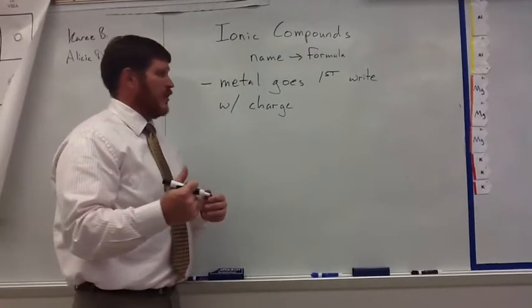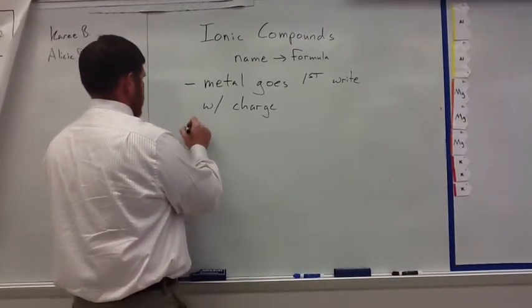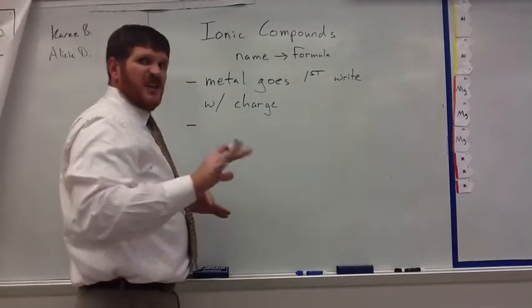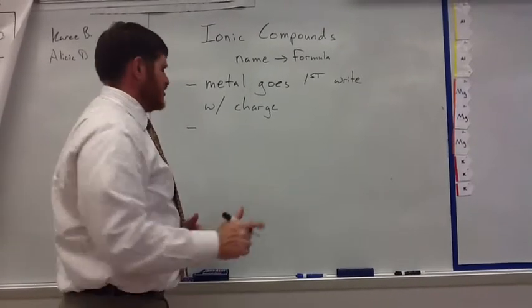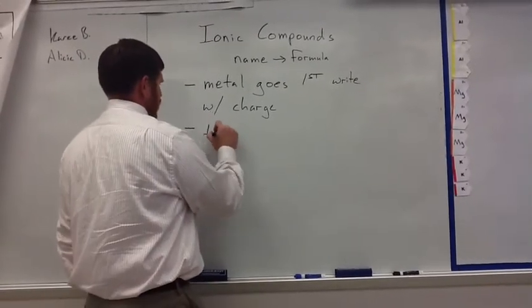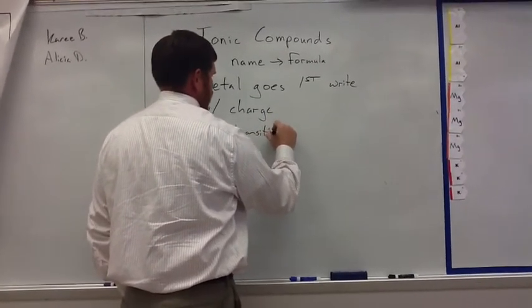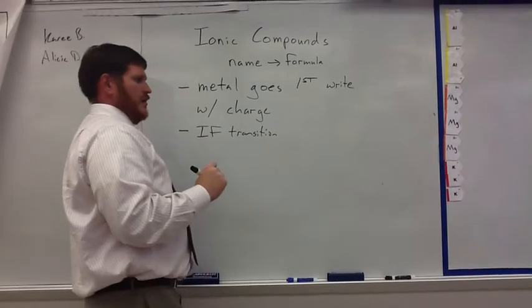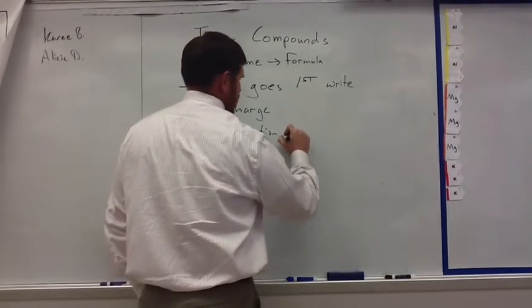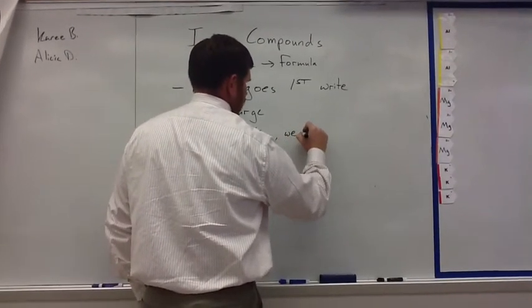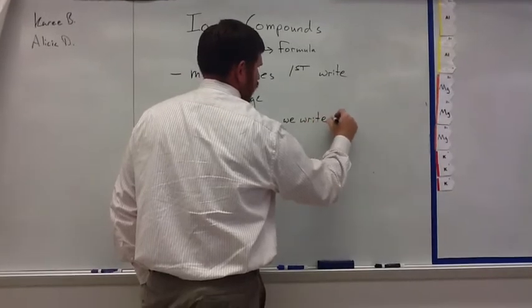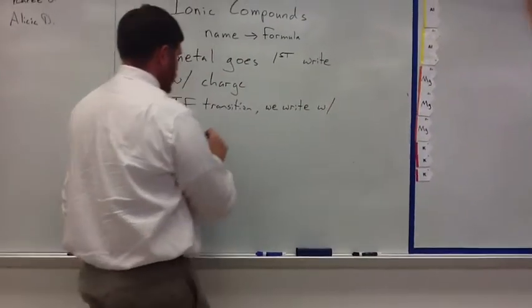The second thing I want to do is, if it's one of those transition elements, again we don't know what it is, but if it's a transition metal, we write it with Roman numerals.